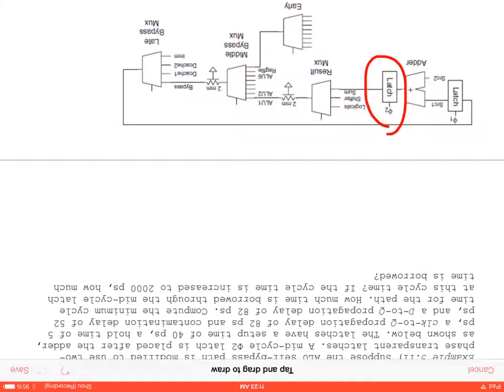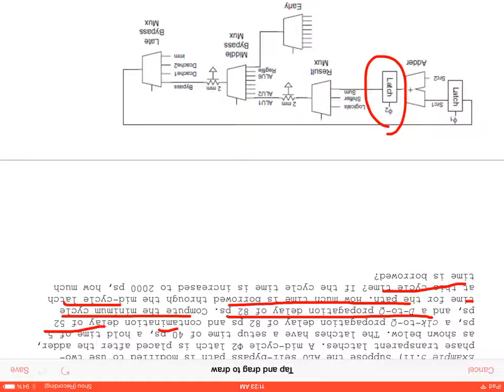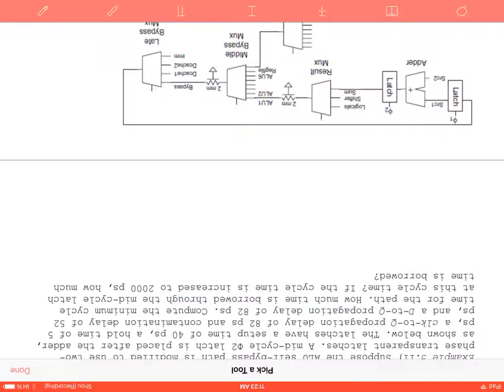The latches have a setup time of 40 picoseconds, a hold time of 5 picoseconds, a clock to Q propagation delay of 82 picoseconds, a contamination delay of 52 picoseconds, and a D to Q propagation delay of 82 picoseconds. So now we're going to calculate the minimum cycle time for the path and how much time is borrowed through the mid-cycle latch. If the cycle time is increased to 2,000 picoseconds, how much time is borrowed?